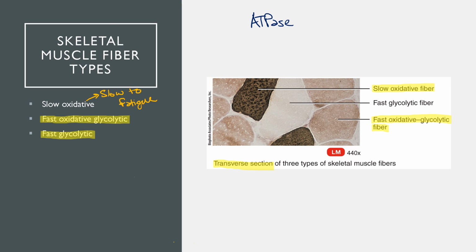Okay, lastly, onto the fast glycolytic fibers. These ones have a low myoglobin content. And they have relatively few blood capillaries.